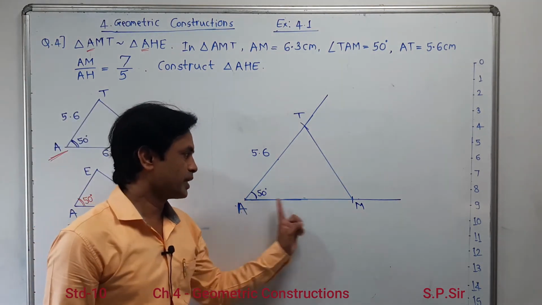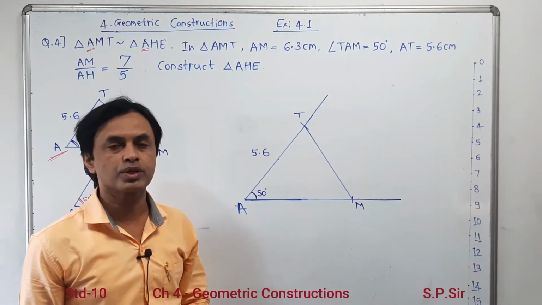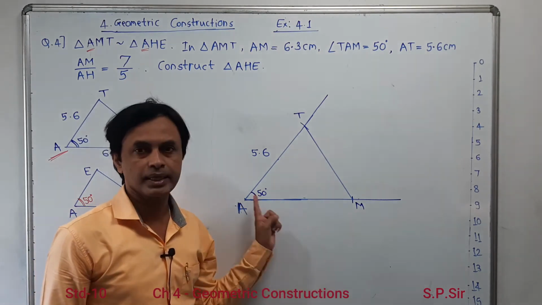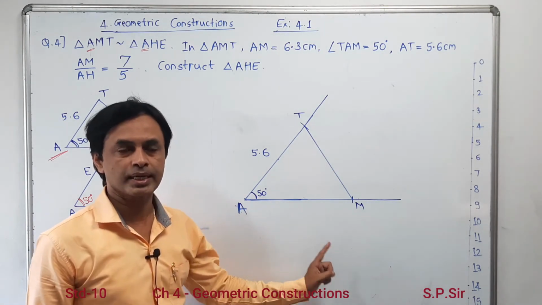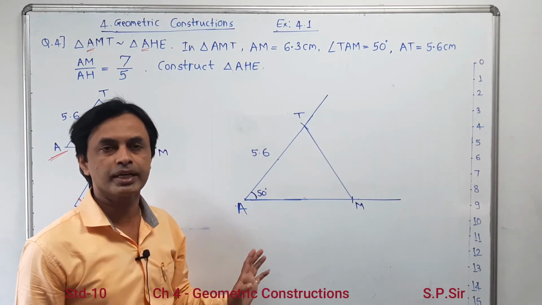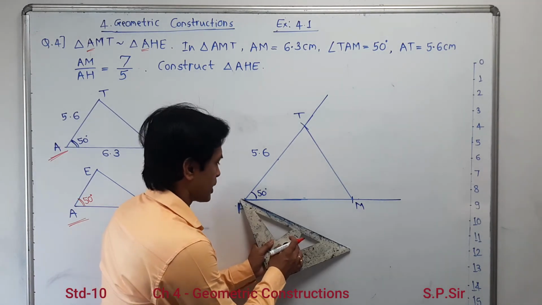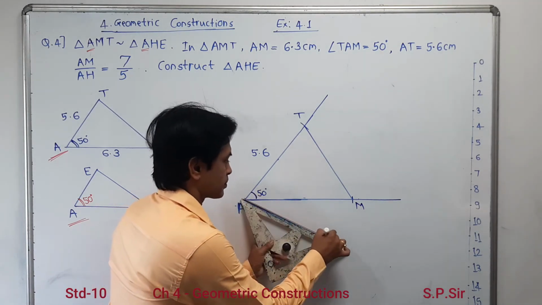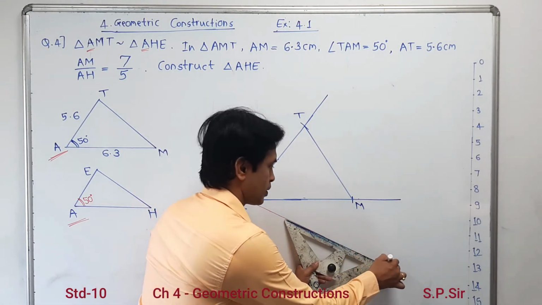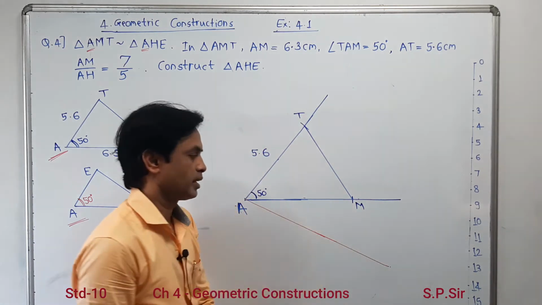Now we have to split this AM into 7 equal parts, and students are supposed to take proper precautions. Here I am going to draw one line, such that it makes an angle tentatively of 10 degrees, 15 degrees, 20 degrees, 25 degrees, depending upon your paper and availability of space. So here I am going to draw a rough tentative line which has its starting or originating point at A.